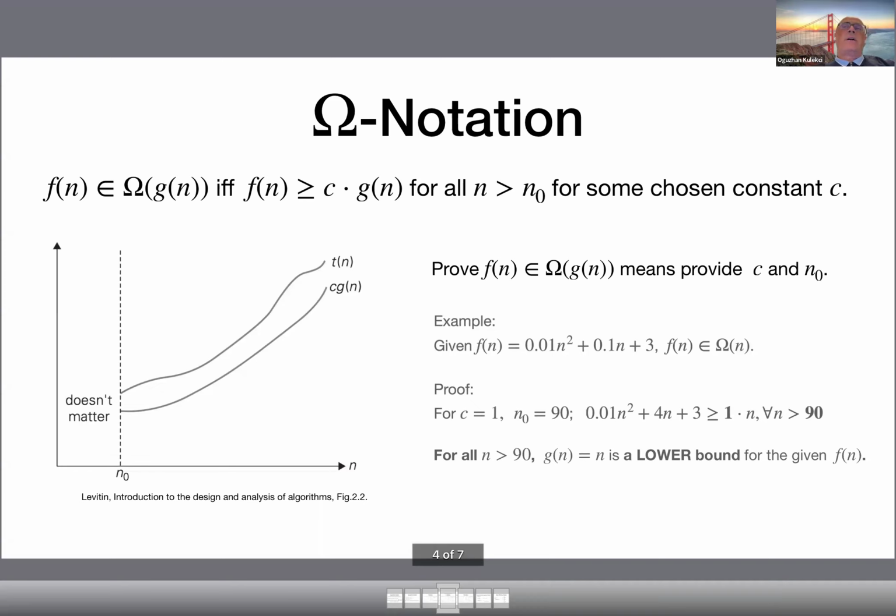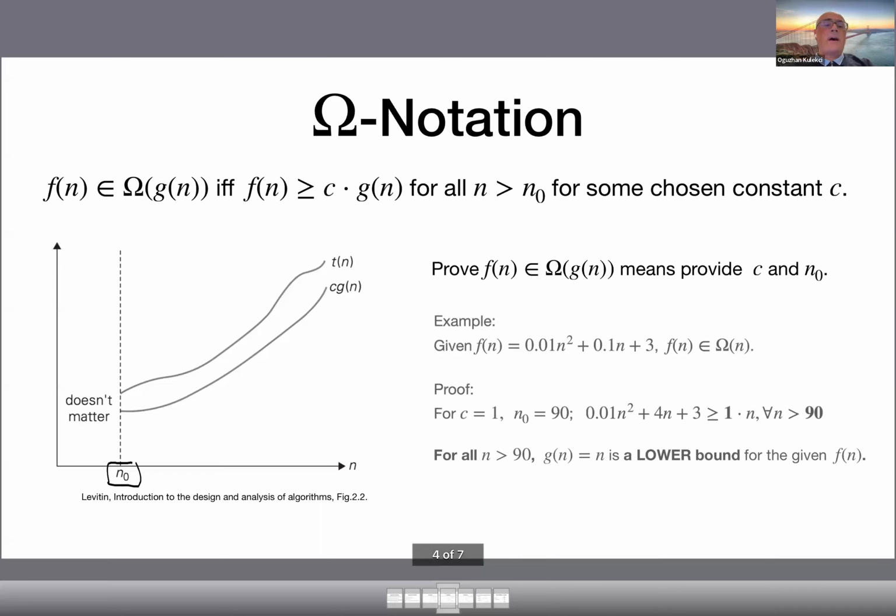Once we are comfortable with the big O notation, big omega notation is no different. The only difference is the direction of the inequalities. Let's see what it is. Again, for numbers less than n0, we do not care, whatever it is.